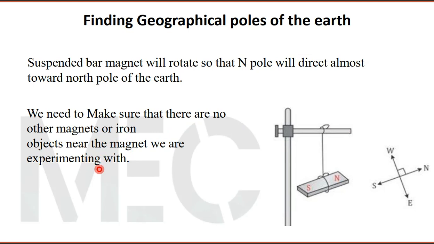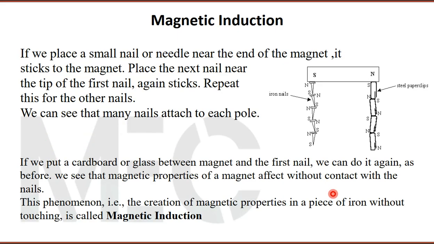So if a bar magnet is suspended from an aluminium holder, we leave it, it will rotate such that the N pole or north pole of the magnet will show the geographical north direction. It is just like a compass. Okay, we'll talk about the compass later.